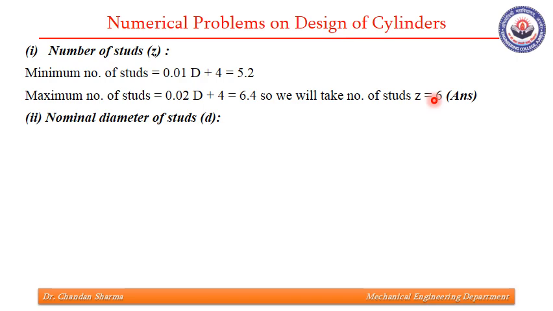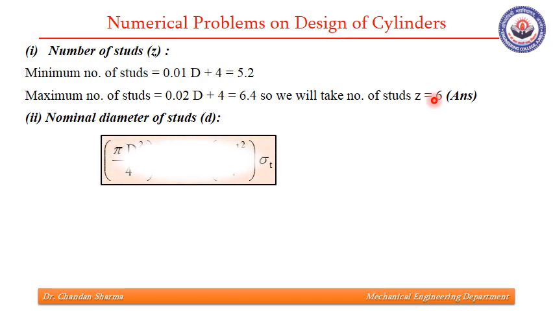Now our next job will be to find the diameter of studs. We know that the load acting on the studs is pi d square by 4 into Pmax, and the resisting force is Z into pi d square by 4 into sigma, where Z is the number of studs, this is the area of one stud, and this is the permissible stress for the stud material.